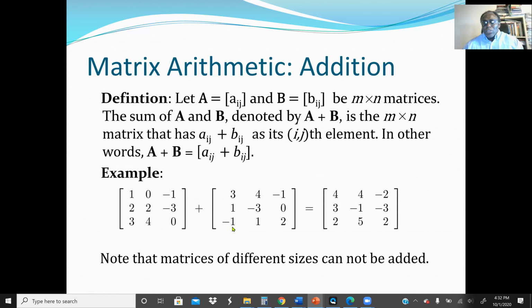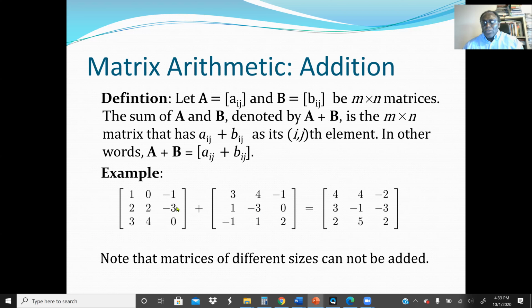The second matrix, again, third row, first column, negative 3. 3 plus negative 3 will give me 0, so we have 0. Then we move to the first row, second column. First row, second column, so 0 plus 4 will give me 4. First row, third column, negative 1 plus negative 1 will give me negative 2. Second row, second column, 2 plus second row, second column, negative 3. 2 plus negative 3 will give me negative 1.